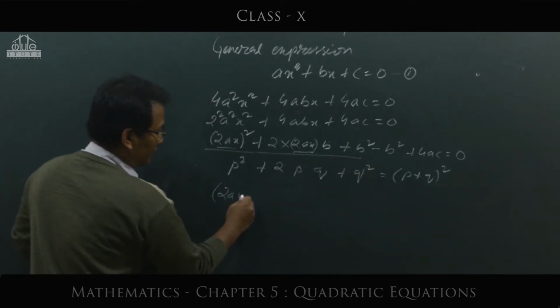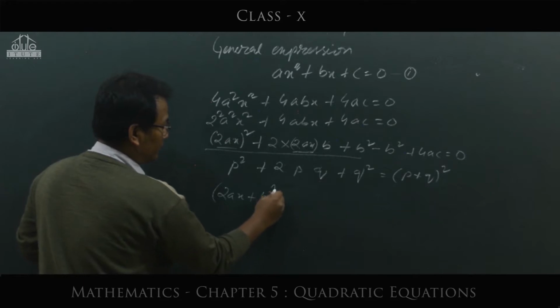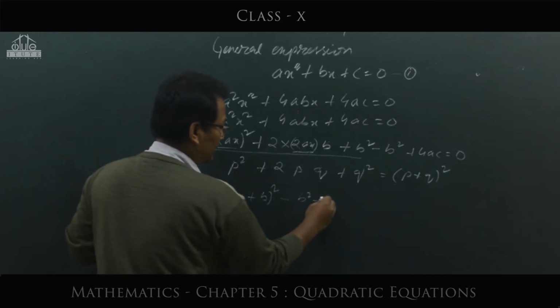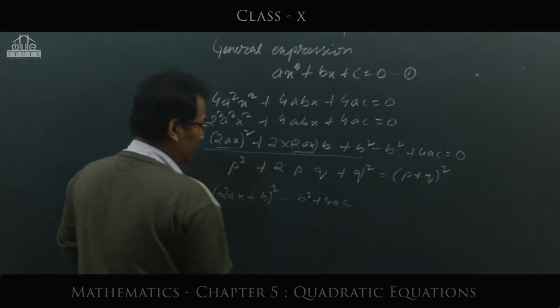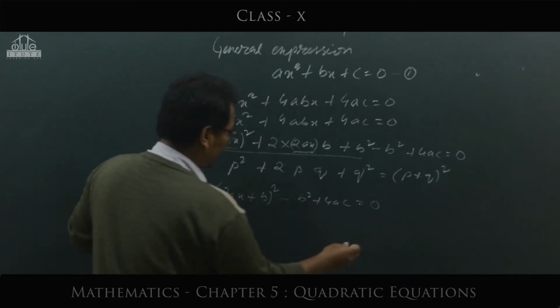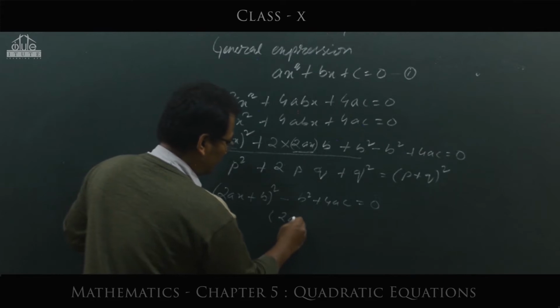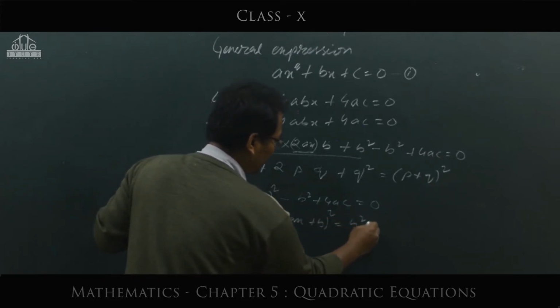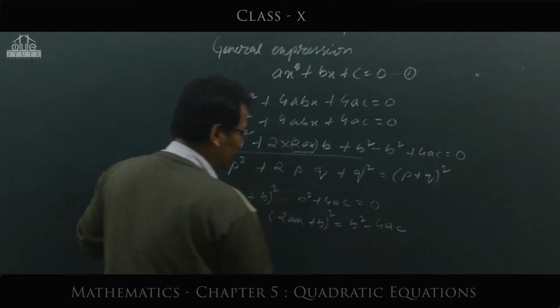It becomes twice of ax plus b whole square minus b square plus 4ac. If I transfer this to the other side, I'll have twice of ax plus b whole square equal to b square minus 4ac.